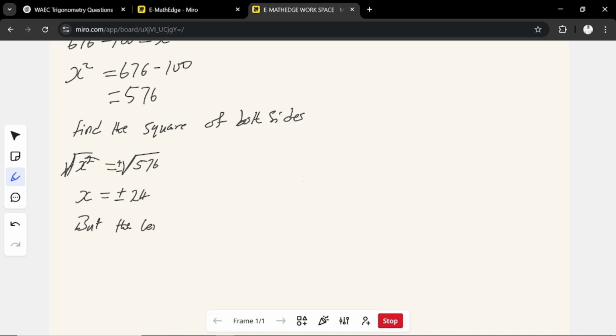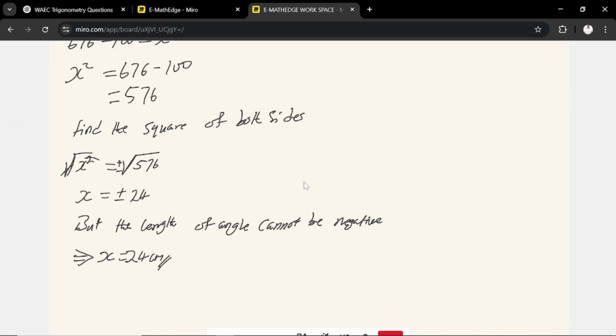The length of a side cannot be negative. So this implies that the value of x is going to be positive 24 cm. And that is what we have as our final answer.